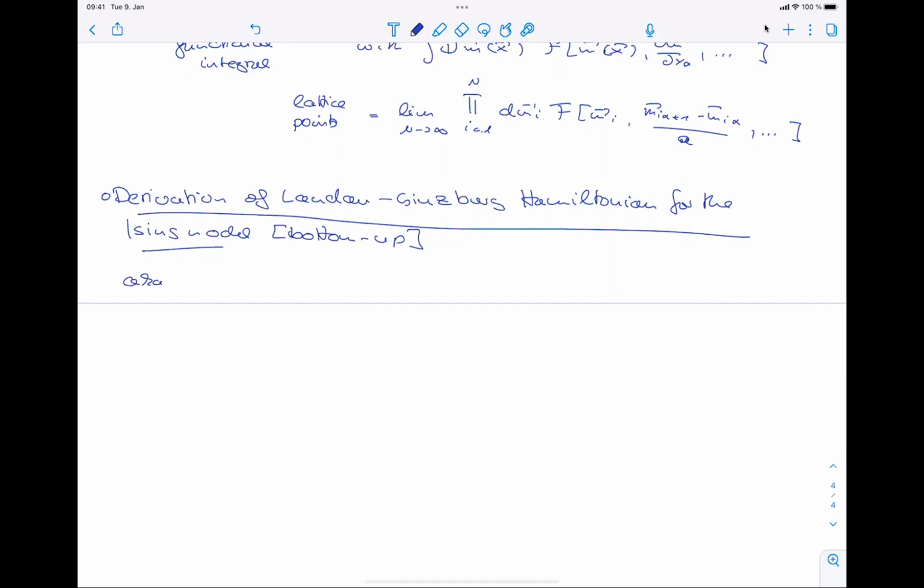So what we do here is derive a field theory for the Ising model. First we derive some useful transformations.